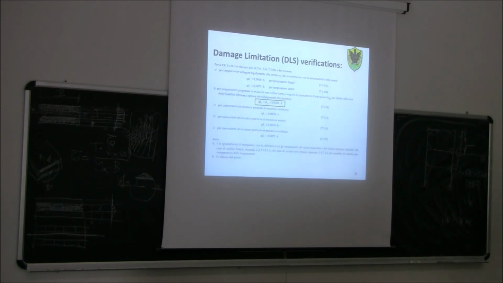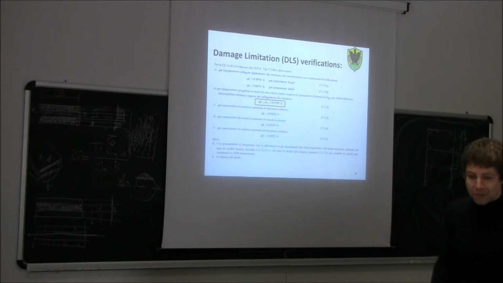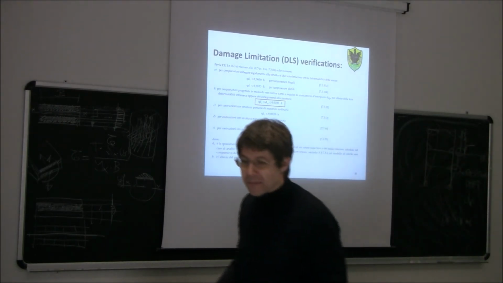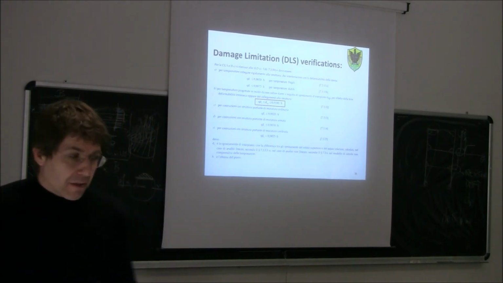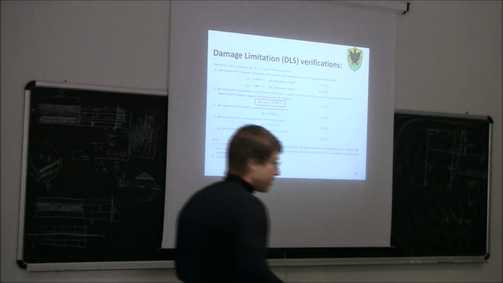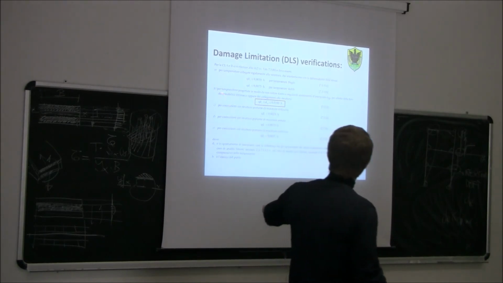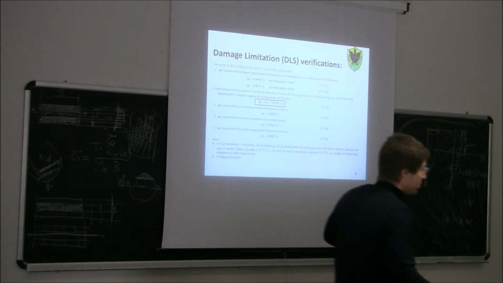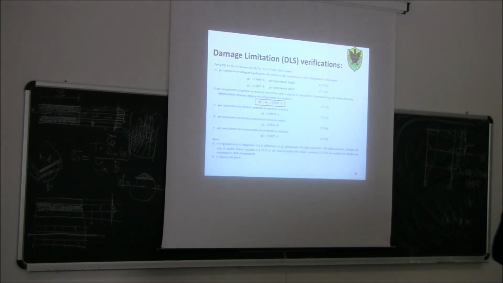Of course, if we design a timber building, there is no point in placing inside the timber building a brittle cladding system, for example, using tiles or bricks. With timber buildings, usually we use gypsum plasterboard, for example. So materials that can easily accommodate this kind of relative displacement.